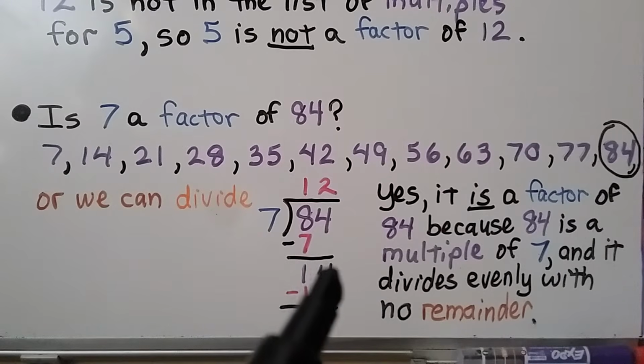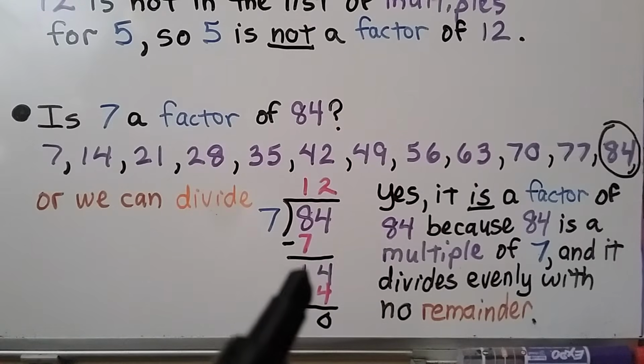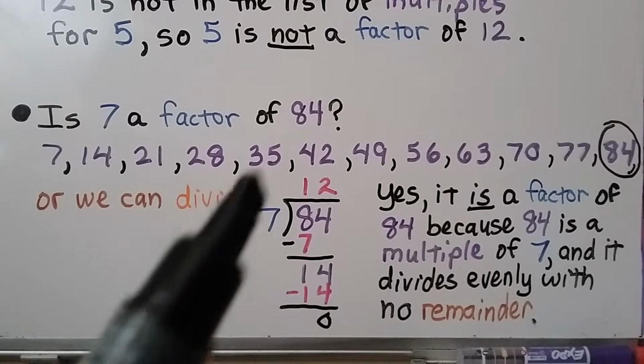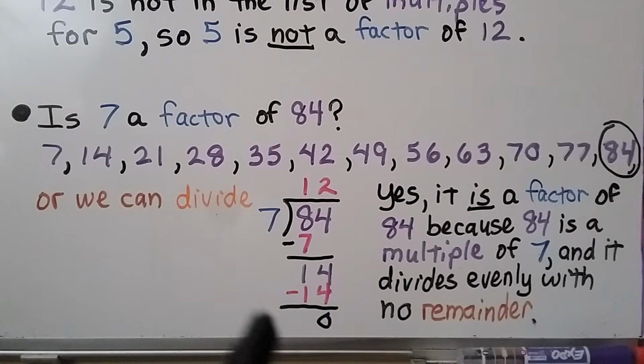Then it's the 4's turn to come down. 7 fits into 14 2 times, and 7 times 2 is 14. We subtract and get a 0 remainder. So yes, it is a factor of 84 because 84 is a multiple of 7, and it divides evenly with no remainder. We have 0 left over.